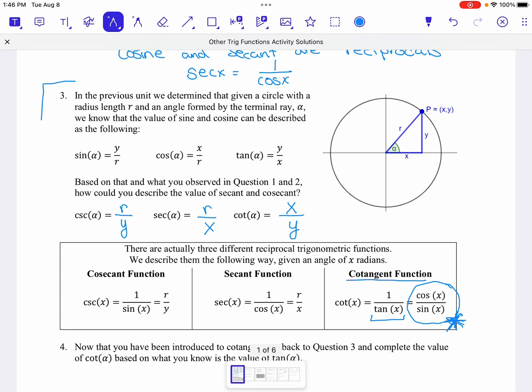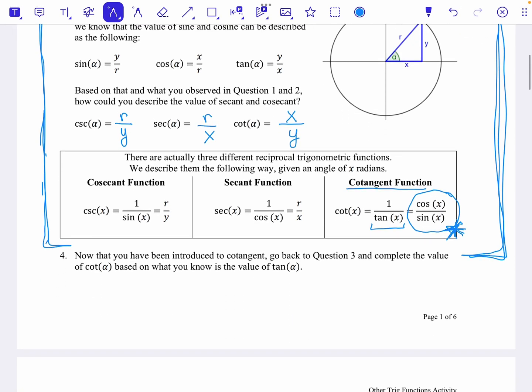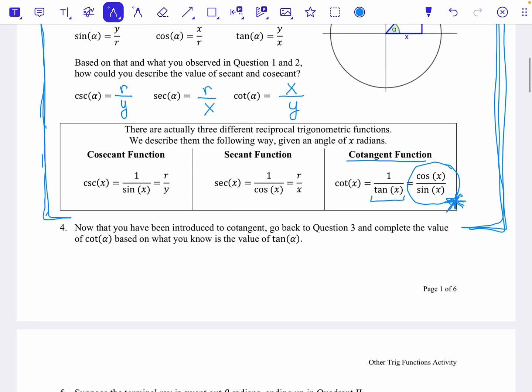I would say make sure these ideas are written down somewhere in your notes. We're going to be referring back to them as we work through what we are doing with these other trig functions. So let's think about these some more.